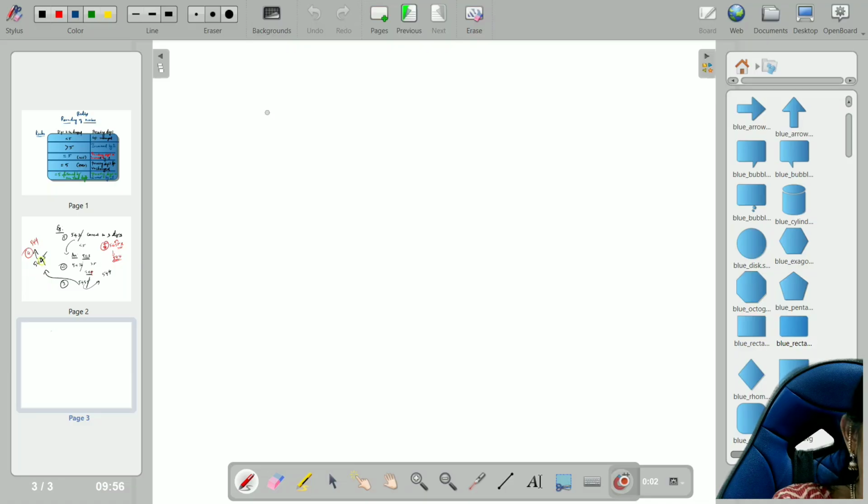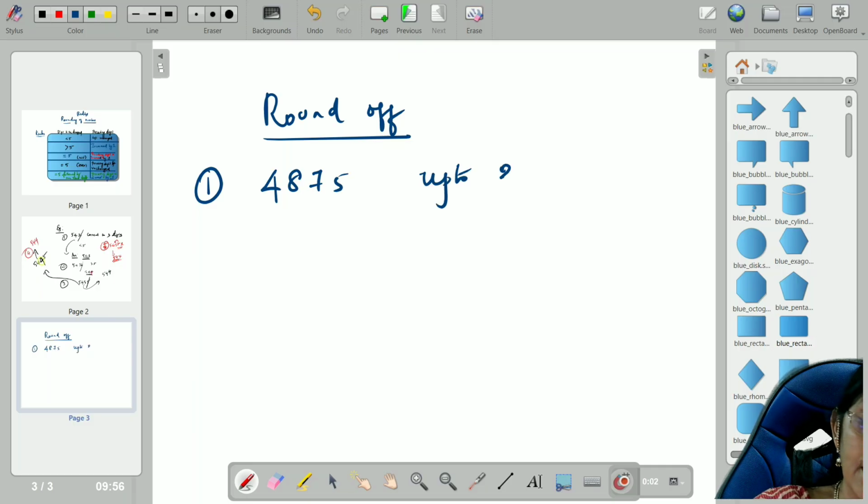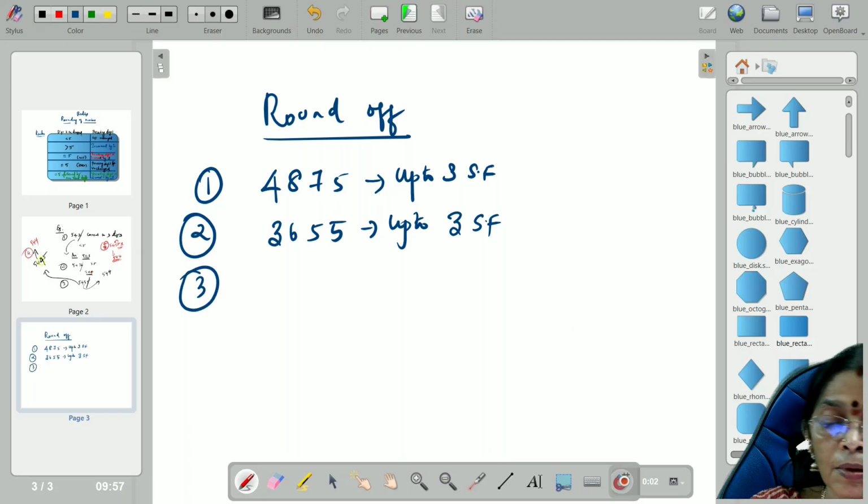Round off the digits. Number 1: 4875 up to 3 significant figures. Number 2: 3655 up to 3 digits.